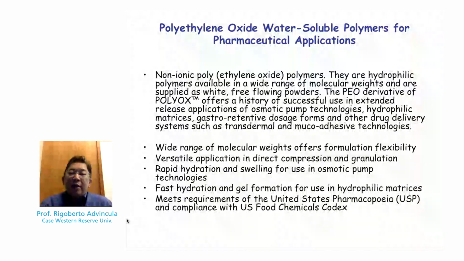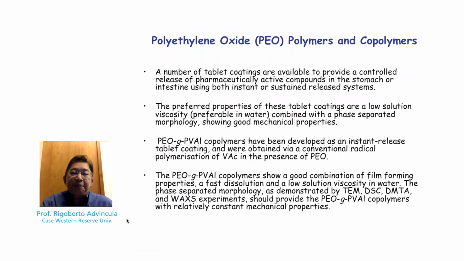A wide range of molecular weights and groups are available, and of course they are FDA approved. So we'll have more time to talk about PEO and even PEG or pegylation procedures.